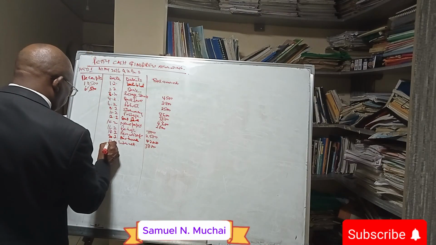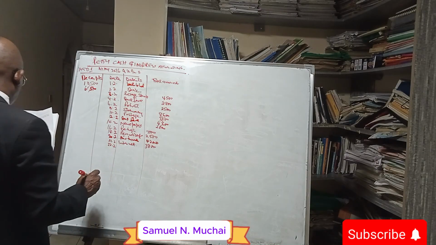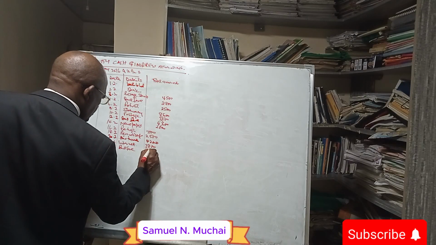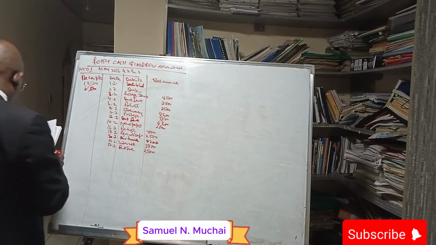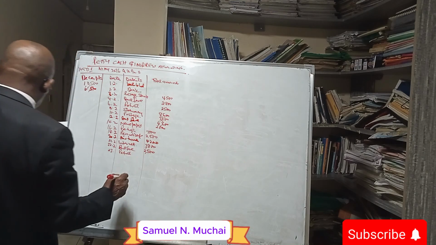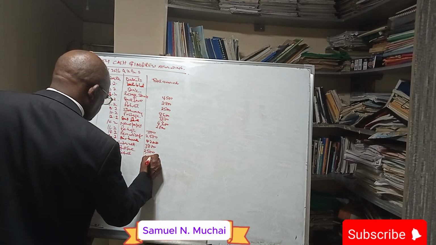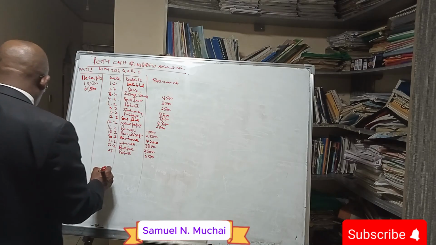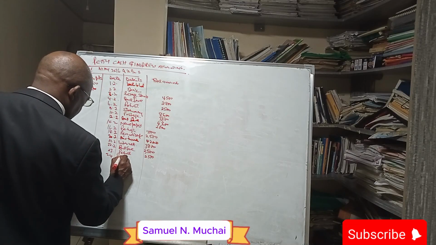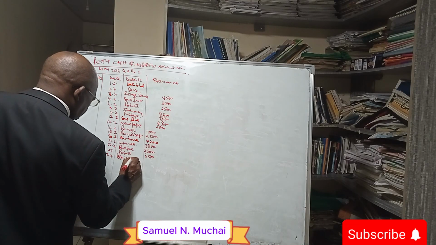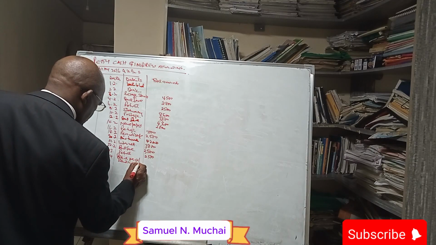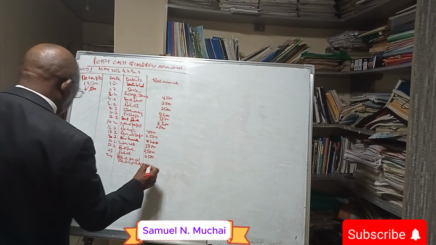On 22nd of February, we are paying bus fare 2,500. On 23rd, petrol worth 2,500. On 24th, office parcel sending charges 2,200.